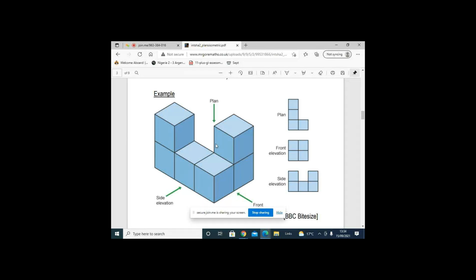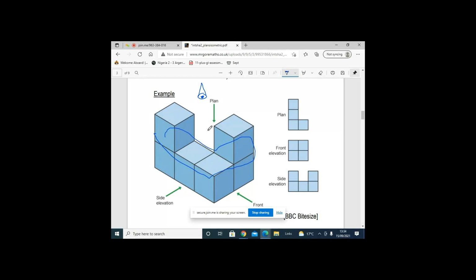So look at this one now. These are another typical example of 2D representations of a 3D shape. When you're talking about the plane elevation now, it is when you are here. How does the shape look? It's going to be like you're seeing this one.